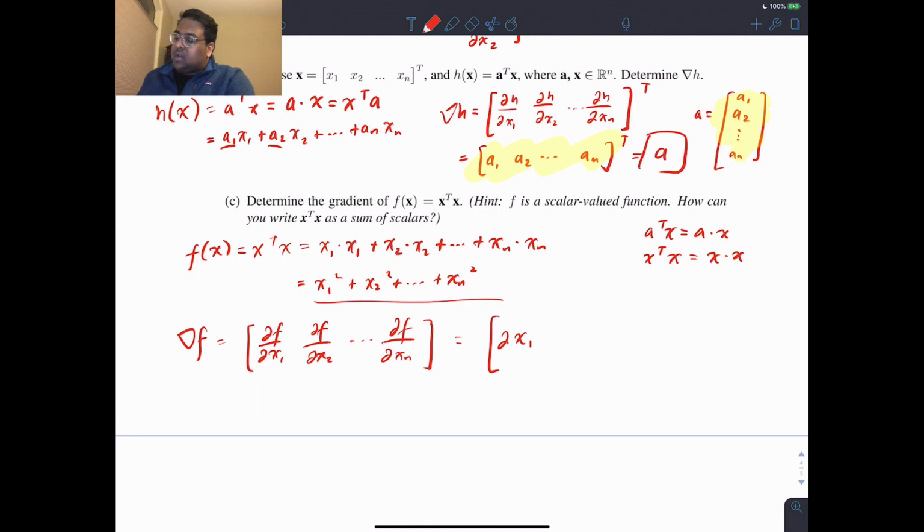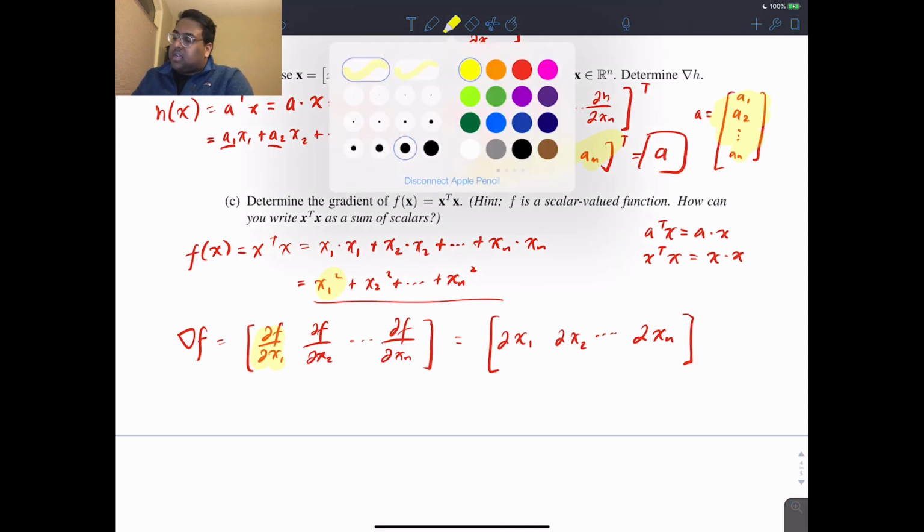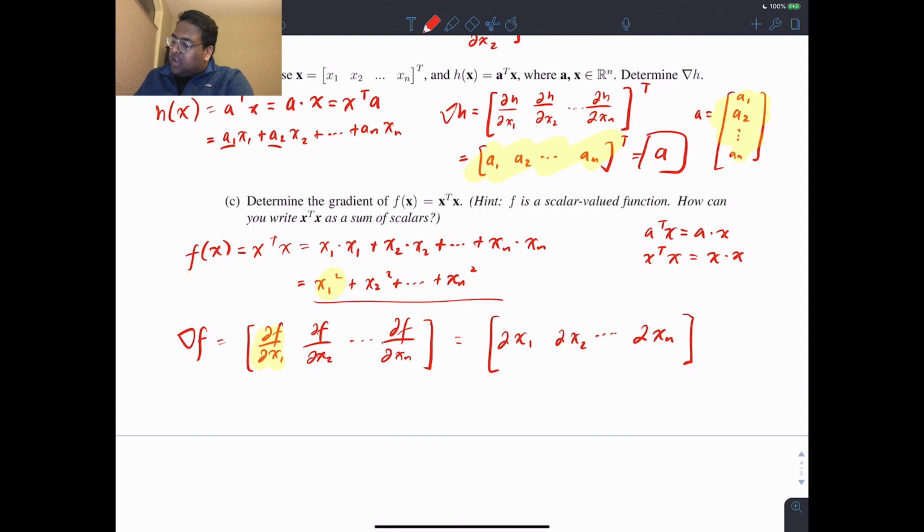Similarly, the partial derivative of f with respect to x2 is 2x2, just by using the power rule, and all of the other terms are irrelevant. And so on until we get 2xn. Again, when looking at the partial derivative with respect to x1, the only term that contributes is the first one, because the other terms are independent of x1.